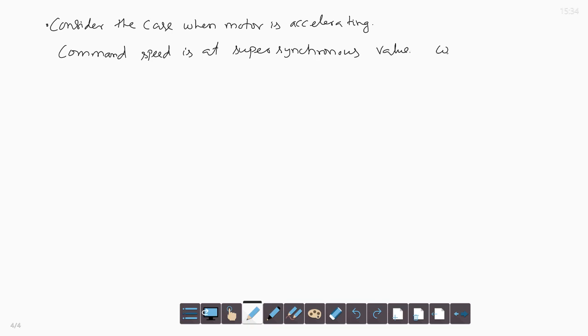That means omega r star command value is greater than synchronous speed omega s. Motor speed omega r at the beginning is less than the synchronous speed.